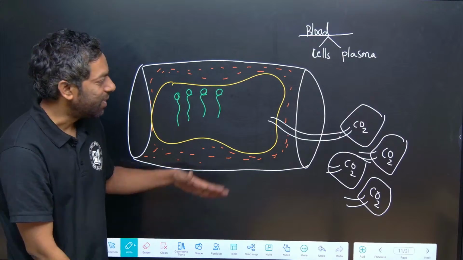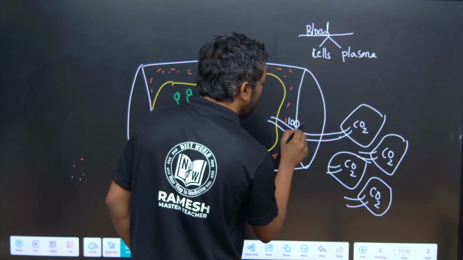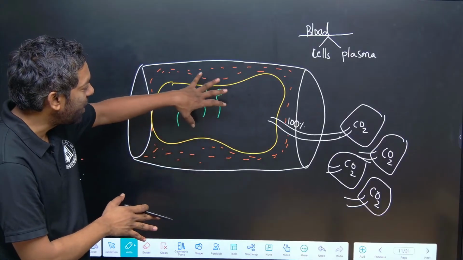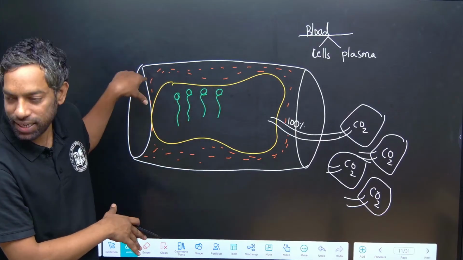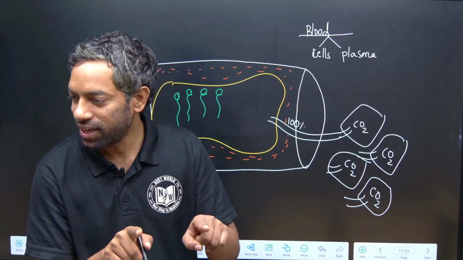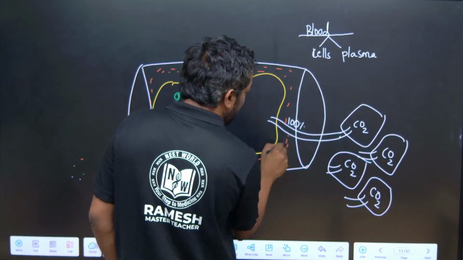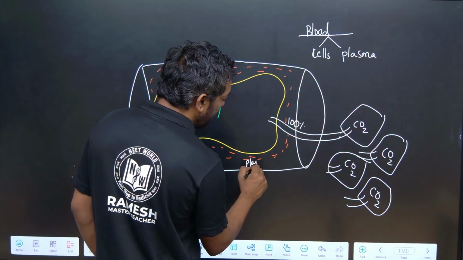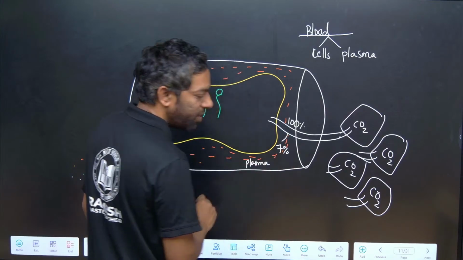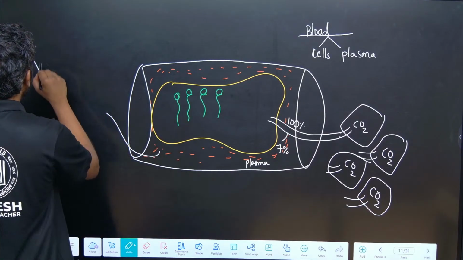Okay. This is the carbon dioxide, 100% assume. This is 100% carbon dioxide, they enter into the blood, but 100% carbon dioxide they do not carry in the blood cells itself. 7% they dissolve in the plasma. 7% of carbon dioxide they dissolve in the plasma. So, this is the plasma place. 7% they dissolve in plasma, and from the plasma they can exit into the lungs.